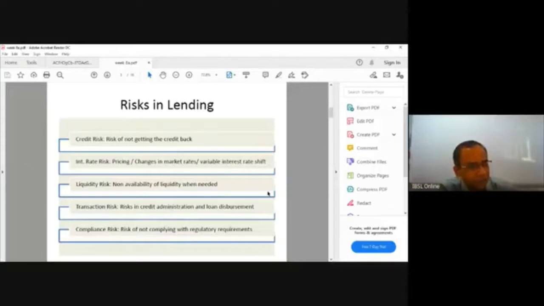I told you that many financial institutions, especially finance companies, registered finance companies in Sri Lanka and worldwide, actually fail not because their assets are not sufficient to meet the liabilities. They will have a net worth.